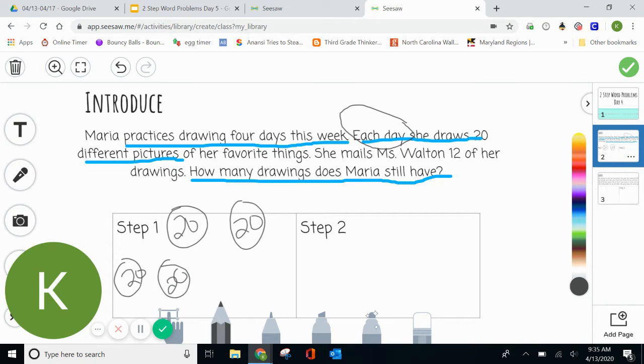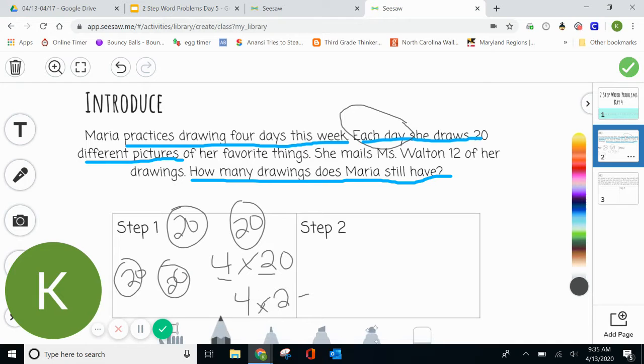So I can look at this a couple different ways. One, I know this is 4 groups of 20, so it's like saying 4 times 20. Now, looking at that, that might seem kind of scary to solve. I haven't done 4 times 20 before, but we know that we can use a related equation. I see 4 and 2.